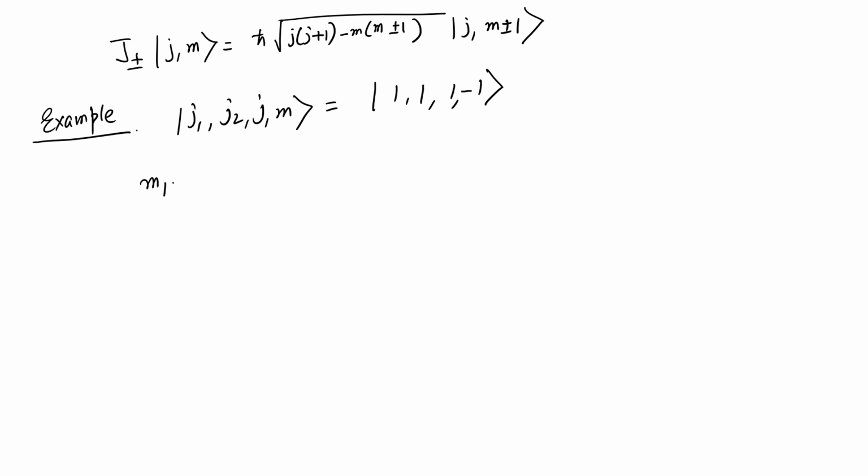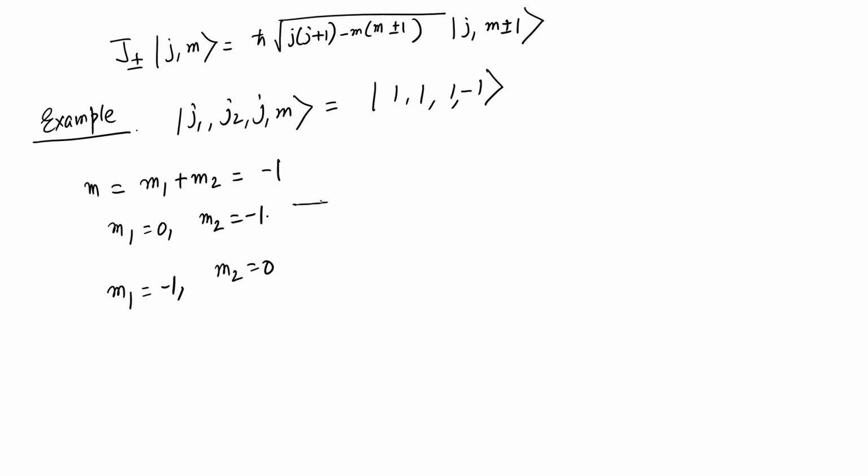So, it is very clear that m, which is equal to m1 plus m2, is equal to minus 1. This can happen from m1 equal to 0 and m2 equal to minus 1, or from m1 equal to minus 1 and m2 equal to 0.